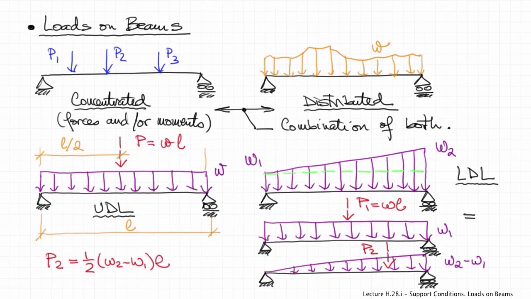The magnitude of P2 is the area of the triangle, and P2 is located at the centroid of the triangle, so 2/3 of the length from the left end. And of course P1 we know where it is. And then all we have to do is add these two diagrams together.